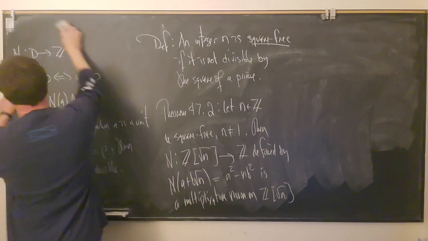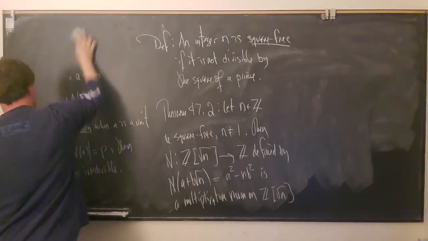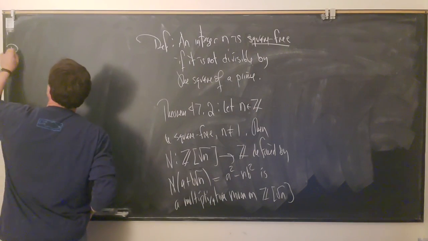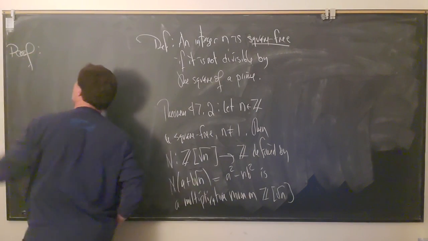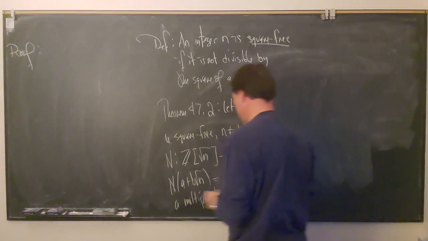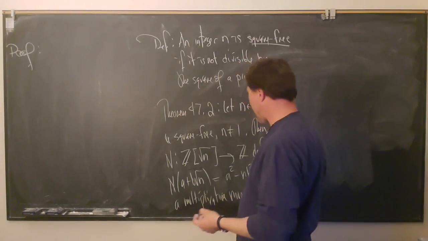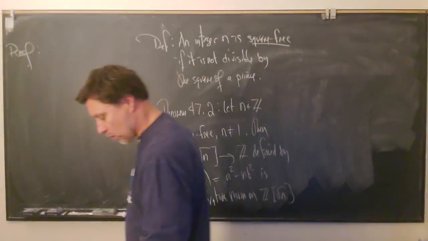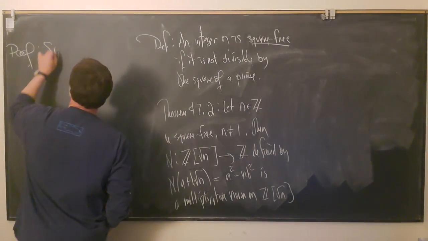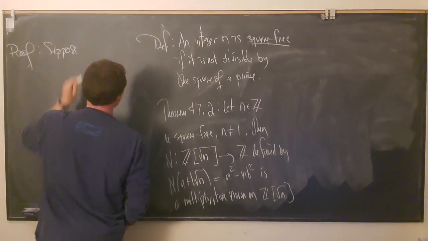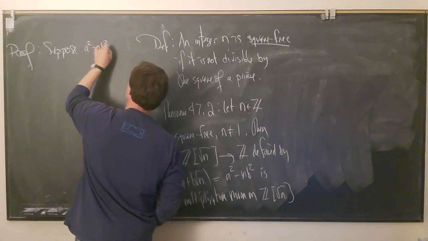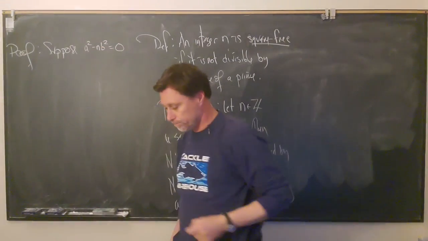Okay, so remember, here are the two properties that we need to verify. For our proof, we first need to show that N of a plus b root n equals 0 if and only if both a and b are equal to 0. So suppose that the norm is equal to 0, which means suppose that a squared minus n b squared is equal to 0.